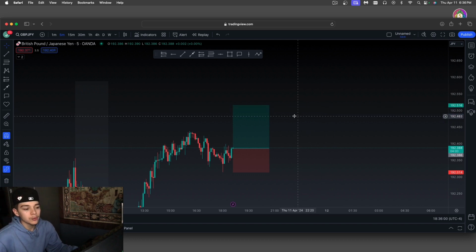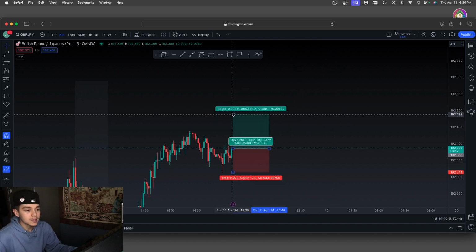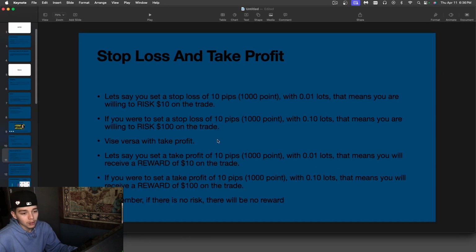Okay, so if we were to raise that lot size to 0.10, y'all need to like write this down. I'm not gonna lie. So if we were to put our lot size at 0.10, our reward will be $100. Oh yeah, my bad.